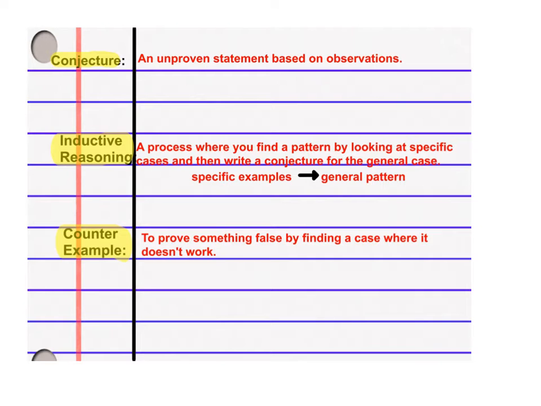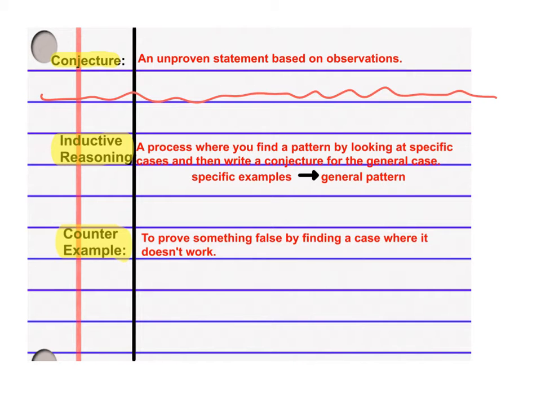Can we do a formal proof? Perhaps, but if we just notice outside, wow, it's raining and it's April 1st, 3rd, 6th, if we just observe, wow, it's really rainy, we might say as a conjecture, it rains a lot in April. So that's a conjecture. It doesn't mean that it's a bad or untrue statement, it's just not formally proven.